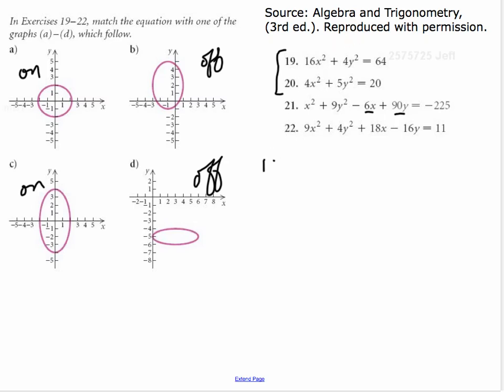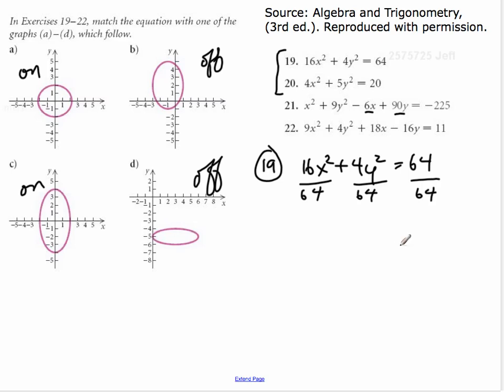Let's take number 19 and rewrite it in the right form. I have 16x squared plus 4y squared equals 64. I know the equation has to have a 1, so I'll divide each term by 64. I get equals 1, then x squared over 4 plus y squared over 16.